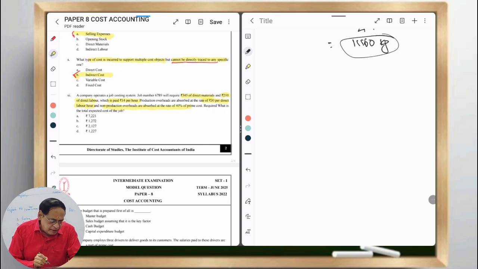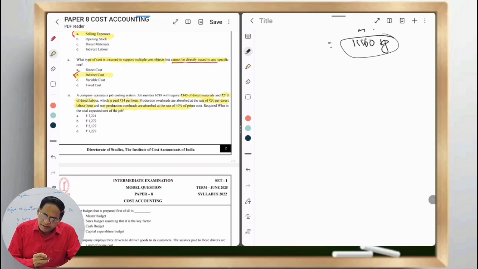What is the total expected cost of the job? Direct material and direct labor are given, so we can find the prime cost.